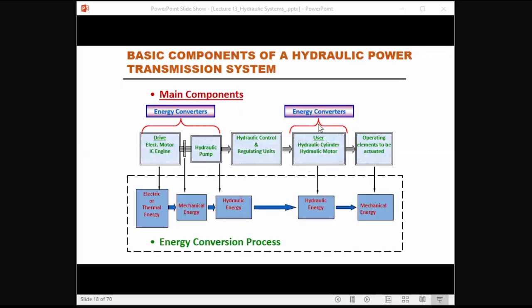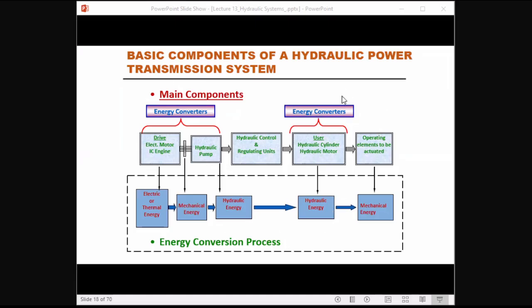Then finally, operating elements to be actuated. This is the final mechanical energy. We can fulfill our requirement using this type of hydraulic system.